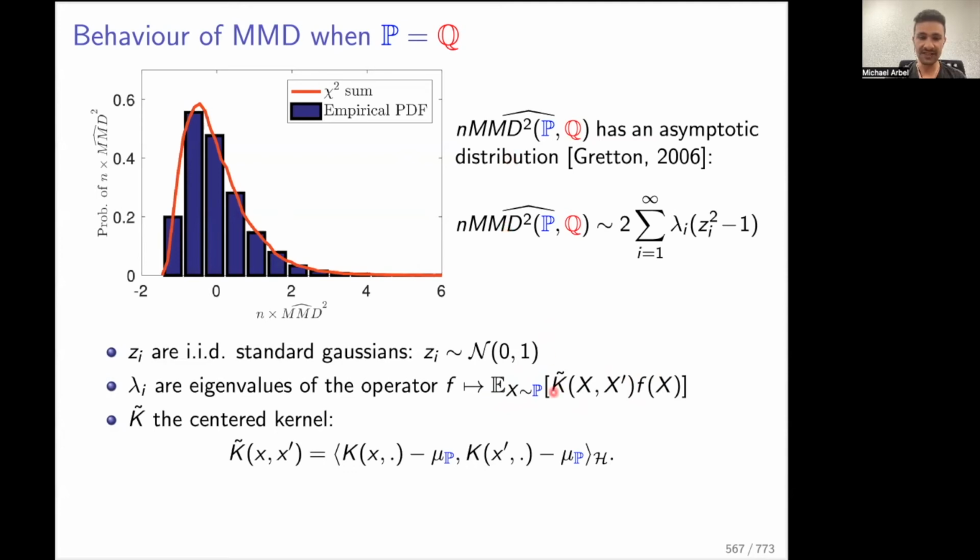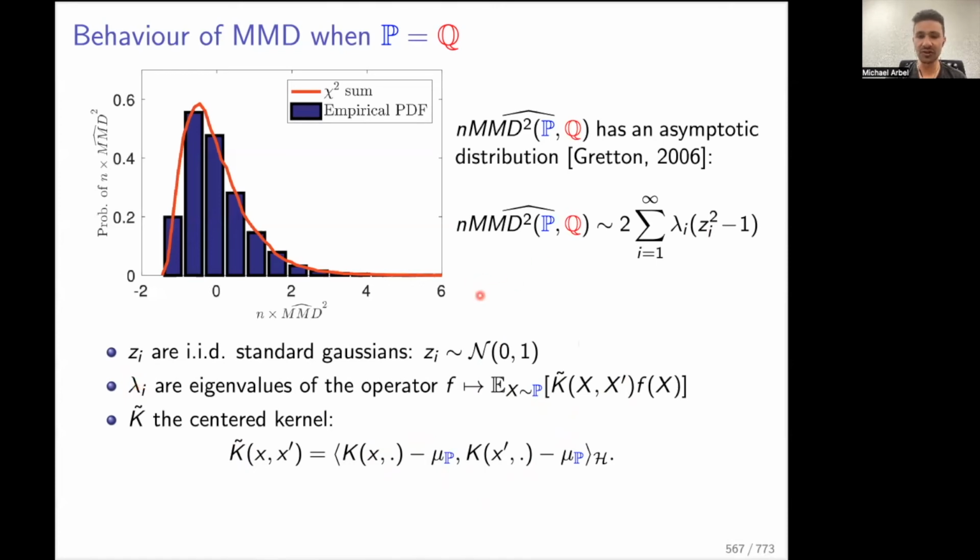It's a centered version of the kernel. Basically, this kernel is obtained by subtracting the mean embedding from the features and taking the dot product. So this has the following form. The linear operator that is defined here is symmetric positive and can be shown to be compact as well. So it has a discrete spectrum, and the eigenvalues will be non-negative.